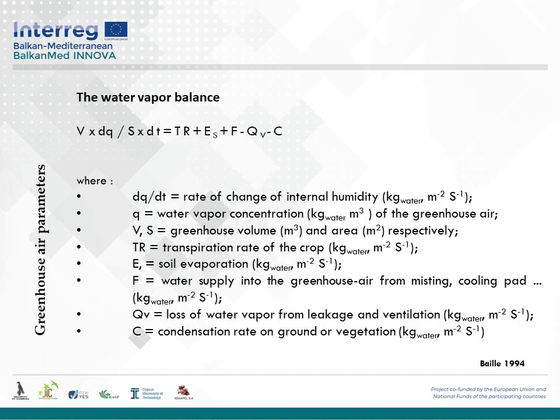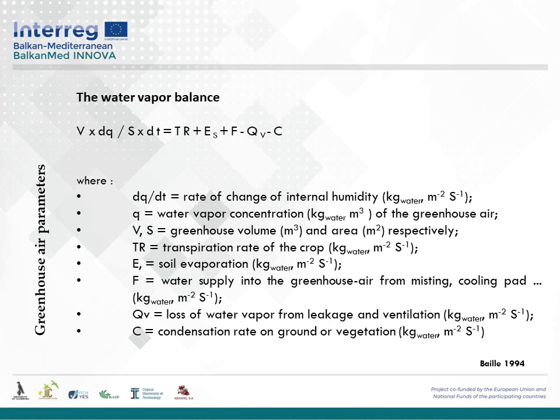As a conclusion, I could say that there are a number of factors which increase the water vapor presence in the greenhouse air, and also there are other factors which reduce the water vapor presence by releasing the water vapor outside the greenhouse.